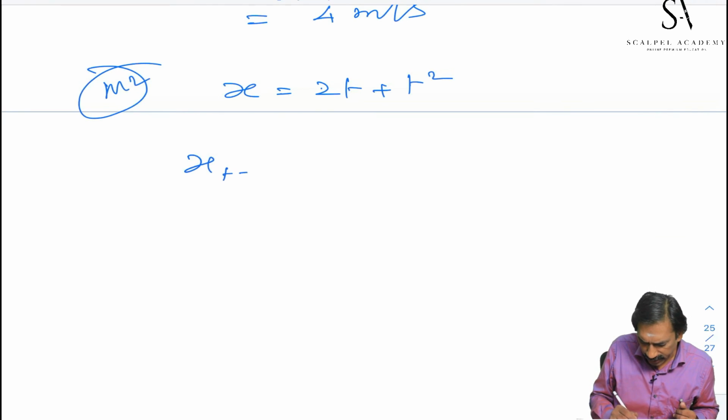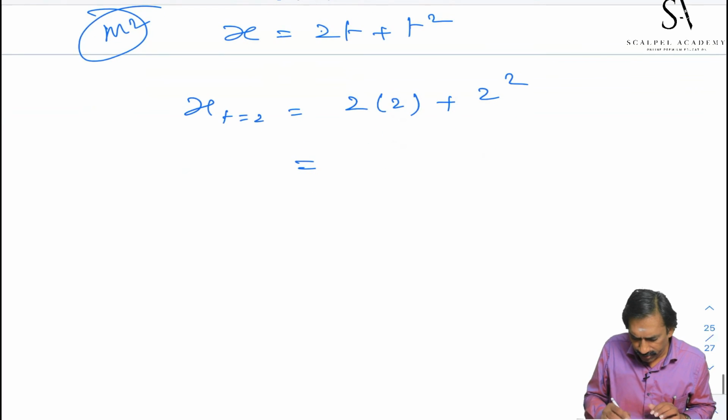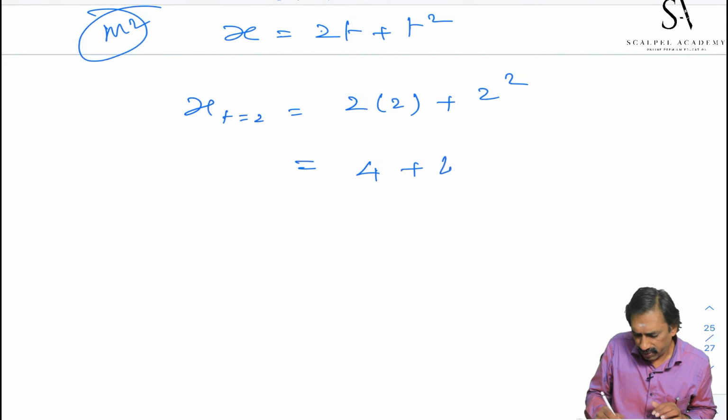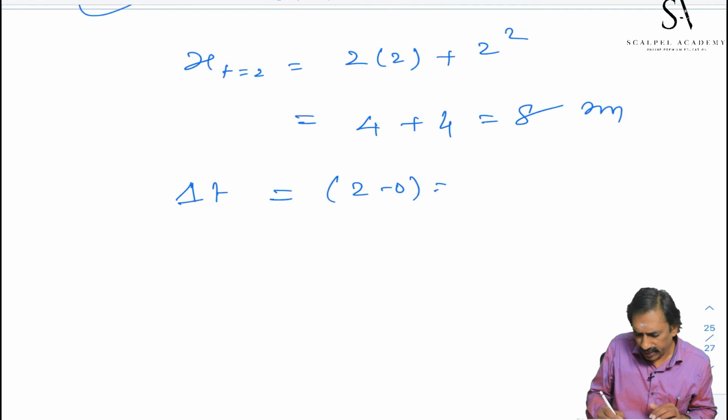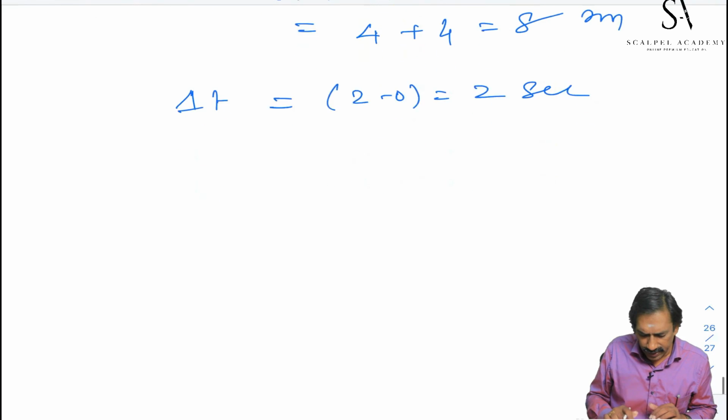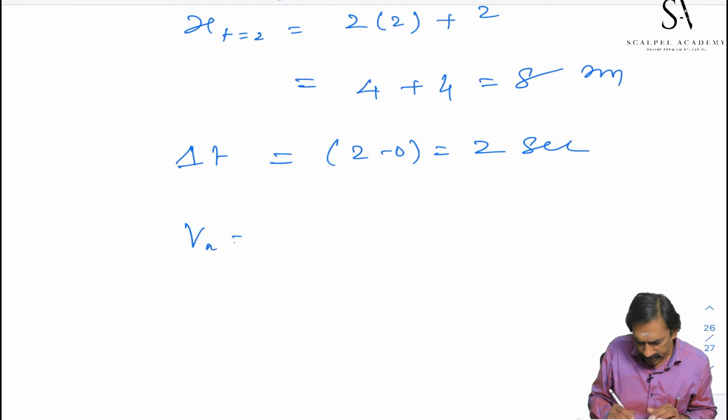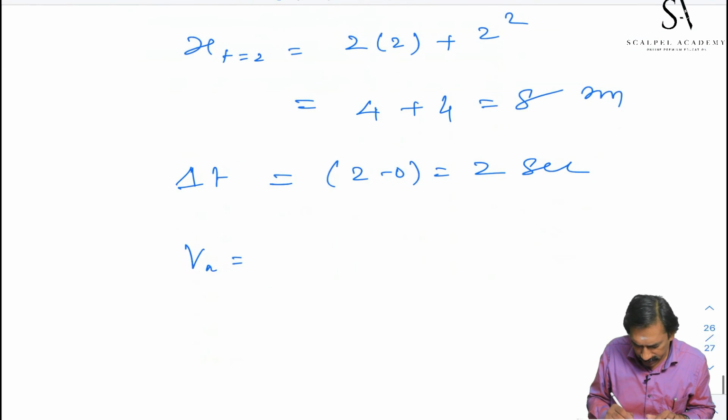At the end of 2 seconds, what is the displacement? 2 into 2 plus 2 square, that is equal to 4 plus 4, that is equal to 8 meter. What is the total time taken? 0 to 2 seconds, 2 minus 0, that is equal to 2 seconds. Therefore, average velocity is equal to total displacement by total time taken.